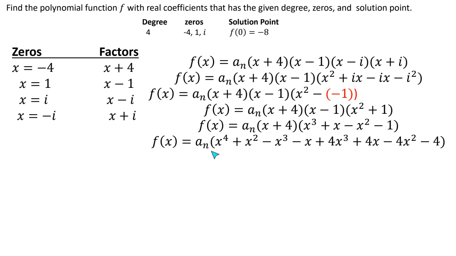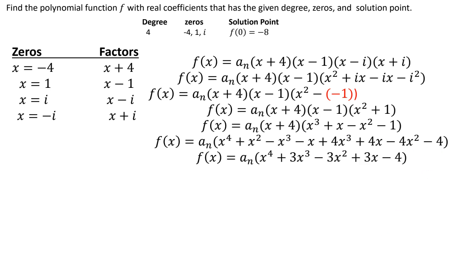So x times x cubed, x to the 4th; x times x, x squared; x times -x squared, -x cubed; and x times -1 is -x. 4 times x cubed, 4 times x, 4 times -x squared, and 4 times -1. So we gather our like terms, and we end up with x to the 4th plus 3x cubed minus 3x squared plus 3x minus 4.